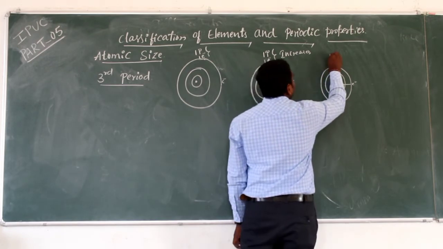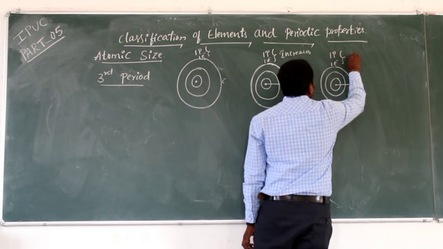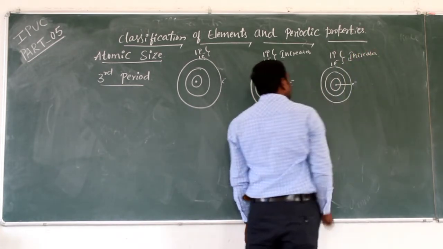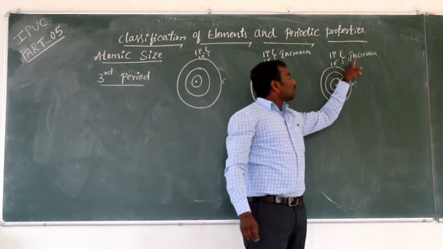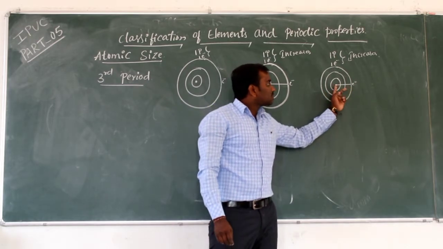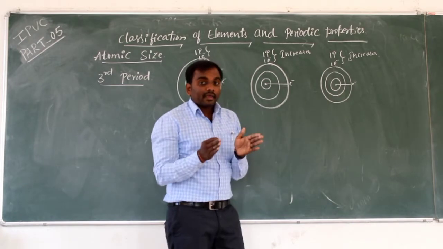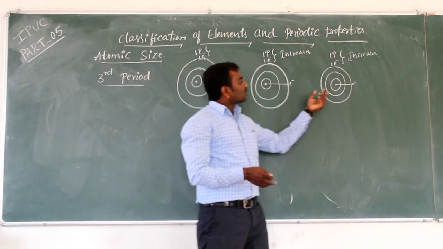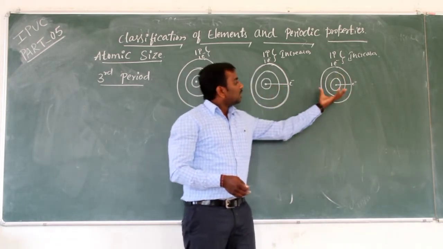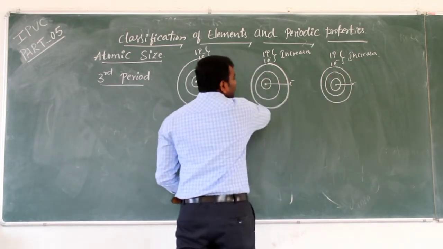Here again one more proton and one more electron increase. Again the force of attraction between nucleus and outermost electron is high. So automatically this atomic size decreases. Okay, these are along the period.